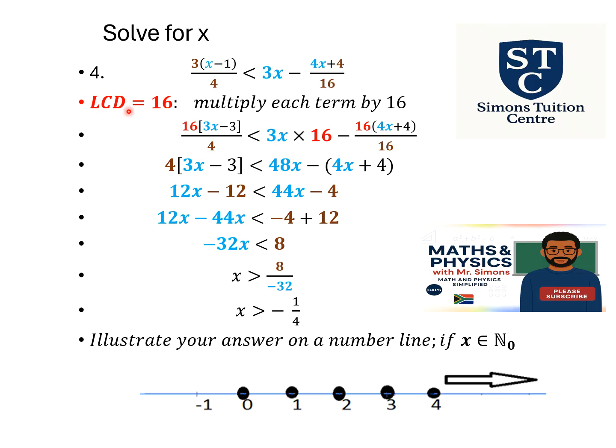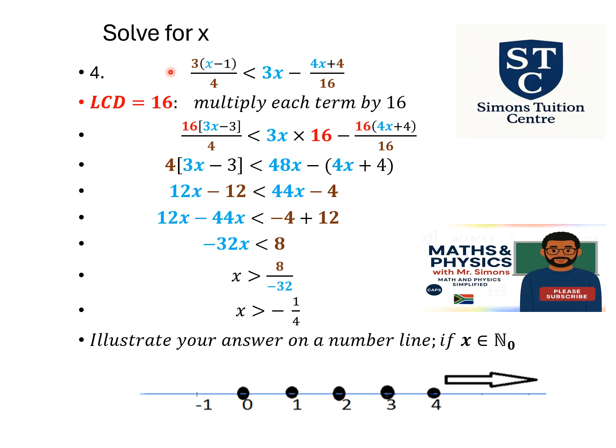So the reason why it says that, if we work with multiples of 4, it's 4, 8, 12, 16. So you see 4 and 16, the lowest common multiple between the two is 16. Right? So in short, 4 can go into 16.